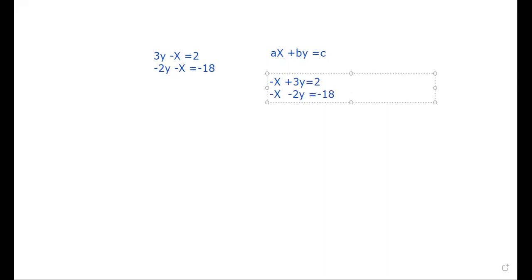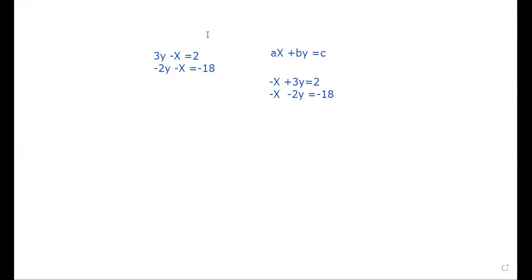Now you have to tell me which operation you will choose. We will check together first the coefficient before x. The coefficient before x in the first equation is negative 1. The coefficient before x in the second equation is also negative 1.